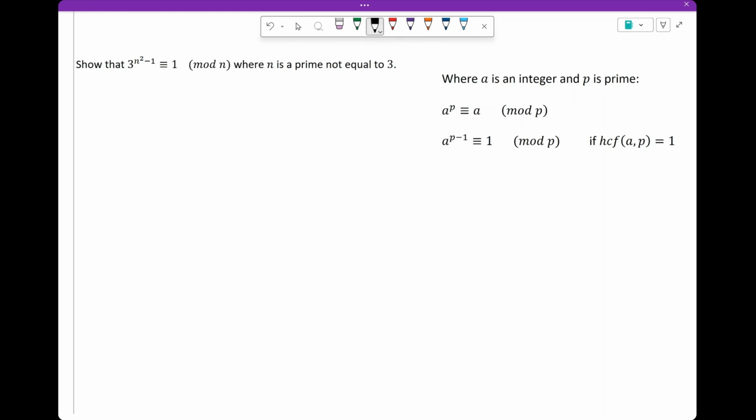Well, I see a congruence relation with a power in it, so immediately I start thinking of Fermat's little theorem. And actually, if we look at this power, we've got the subtract 1 in there, which does remind me even further of Fermat's little theorem. And on the other side of my congruence relation, we have a 1, which also reminds me of Fermat's little theorem. And then our mod n is a prime number, which once again reminds me of Fermat's little theorem.